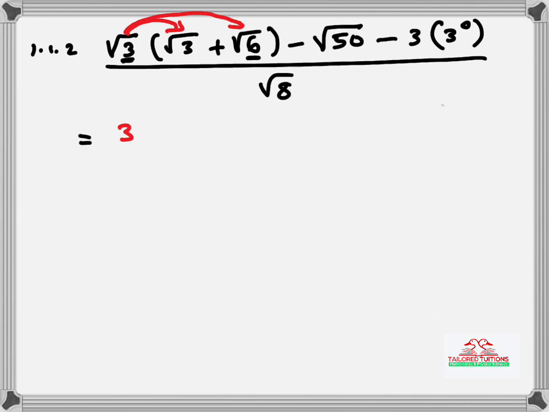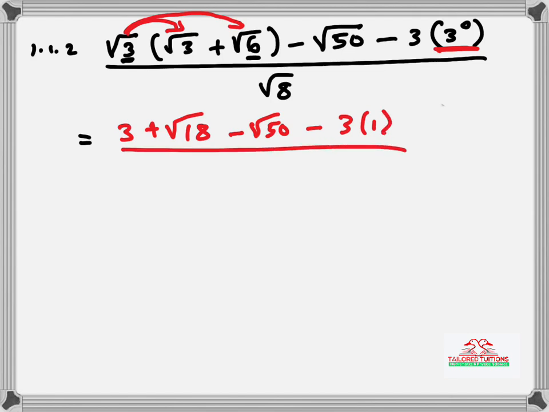So the answer here is plus square root of 18, and then minus what now? We are done with removing our brackets. Minus square root of 50. Then minus 3 to the exponent 0, from exponential laws, is equal to 1.